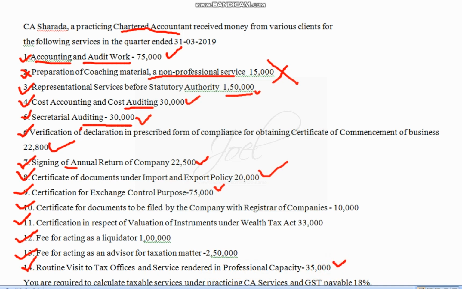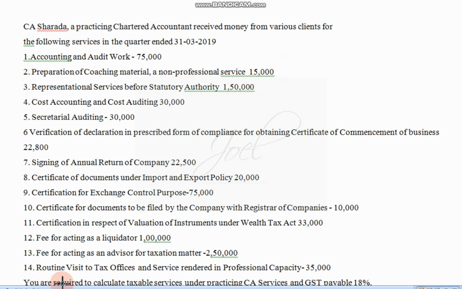So now that means we are adding all these items, whatever items are given here, to arrive at taxable service except one, that is preparation of coaching material. It is a non-professional service, not taxable. We are not considering it under this particular services. Now, next, you are required to calculate the taxable service under the practicing CA services, and GST payable is 18%.